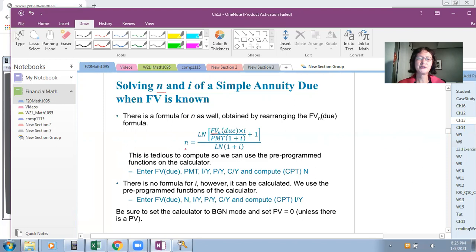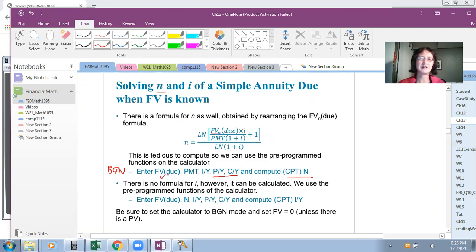You can also use the calculator to calculate term N. But before you do the calculation, make sure your calculator is in begin mode, BGN, because this is annuity due. You also need to set up PY and CY. After that, you enter the numbers.